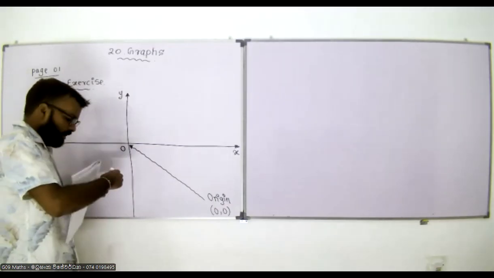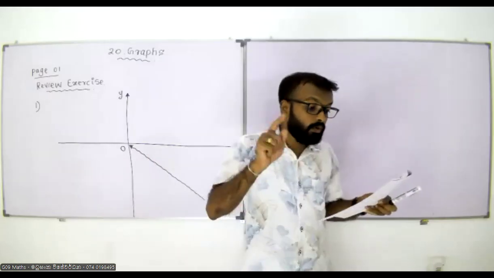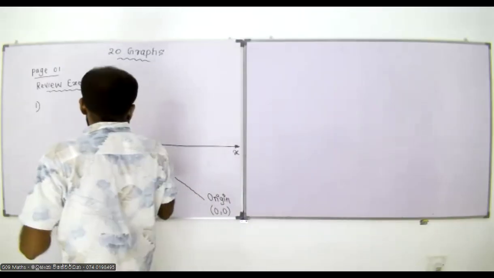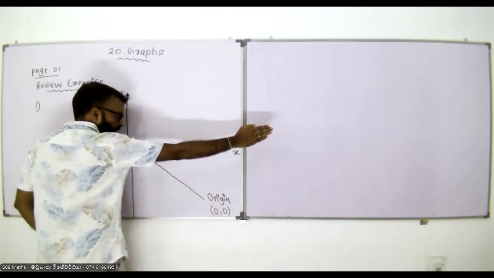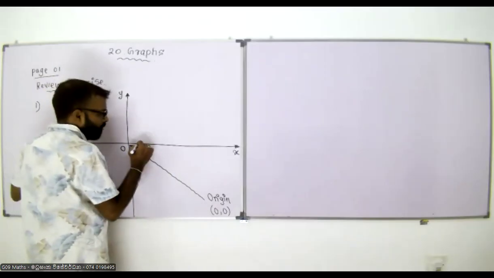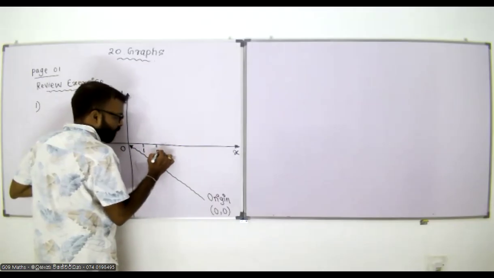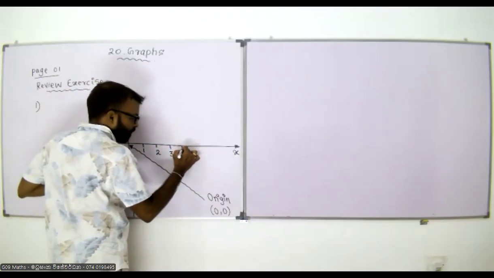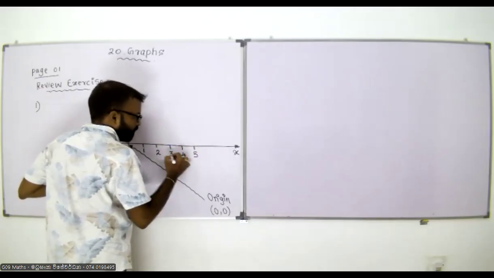Now they are telling us to mark from -5 to +5. From 0 to the right hand side, I get positive numbers: 1, 2, 3, 4, 5.